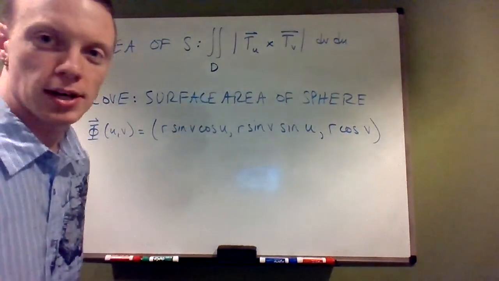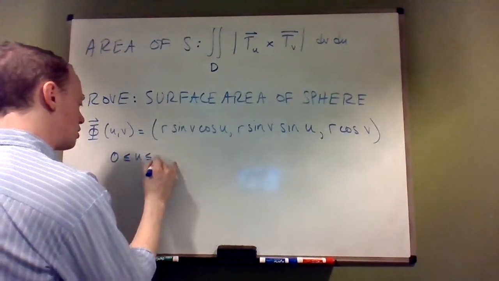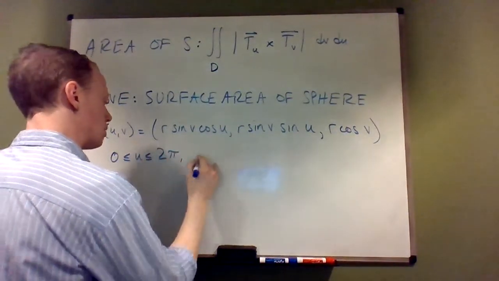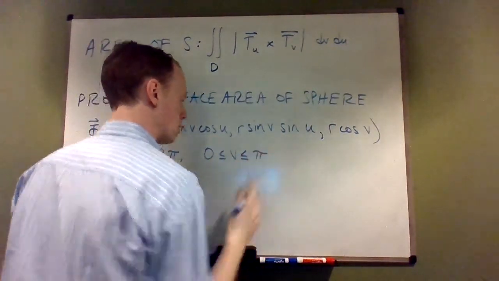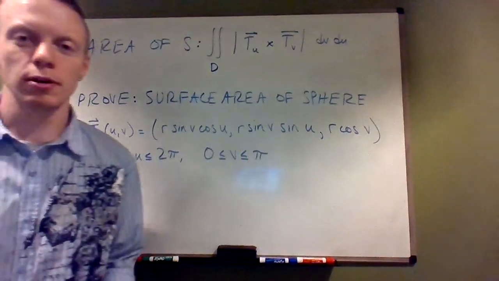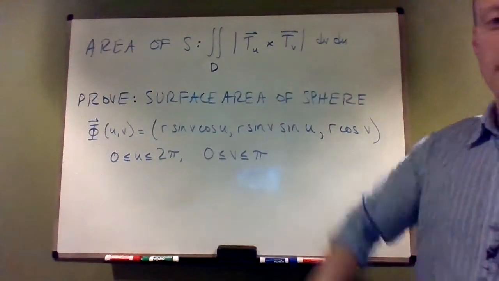And the bounds on our parameters: u goes from 0 to 2 pi and v goes from 0 to pi, as we can see here.